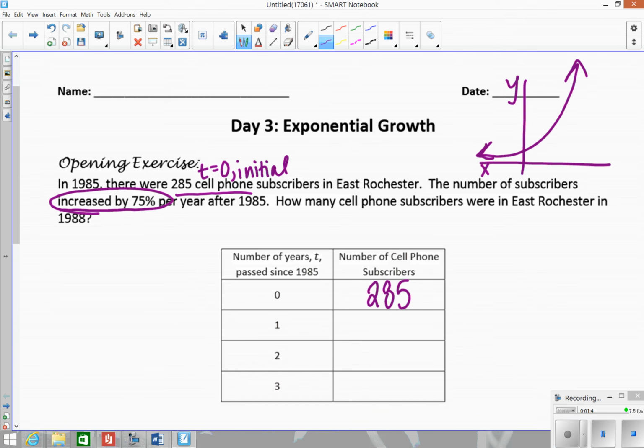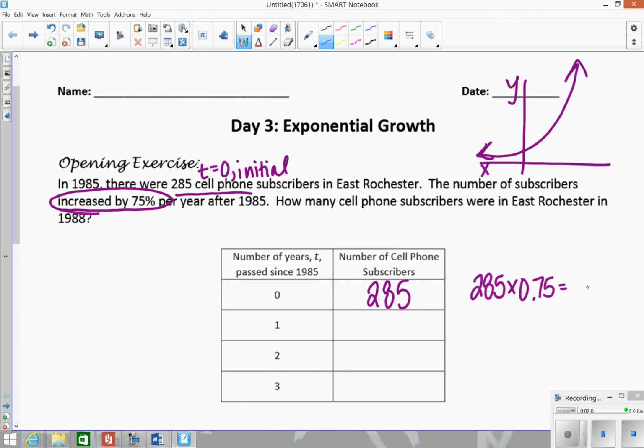So what that means is I have to figure out what 75% of 285 is, and then I have to add it to the 285. So what I'm going to do off to the side here is take 75% of 285. You can do that by multiplying. So remember, you're moving the decimal 2 places to the left, or you're dividing that percent by 100. And when you do this, you get 213.75.